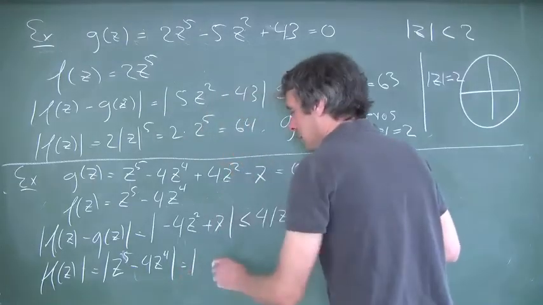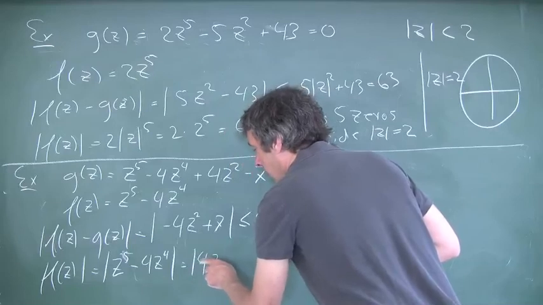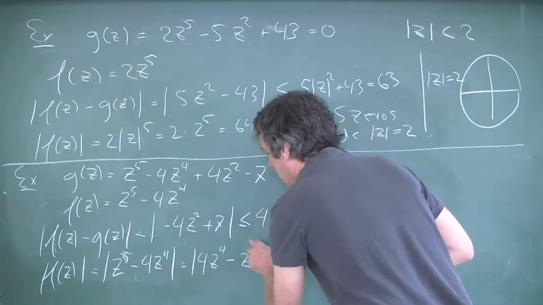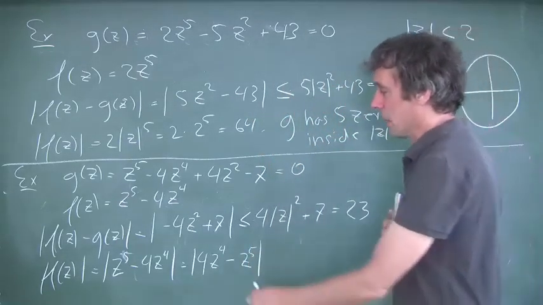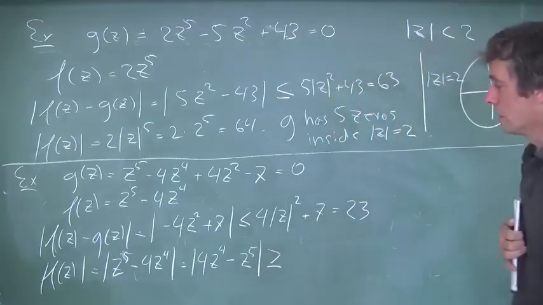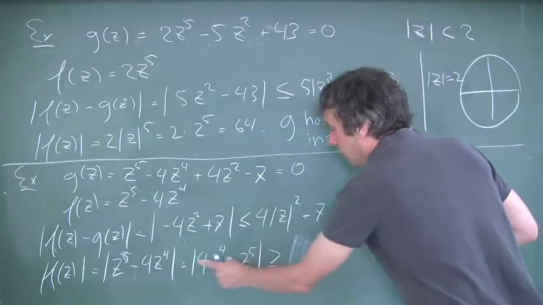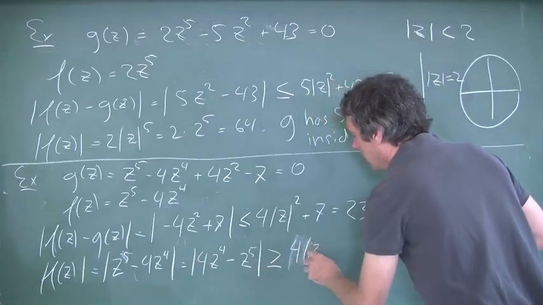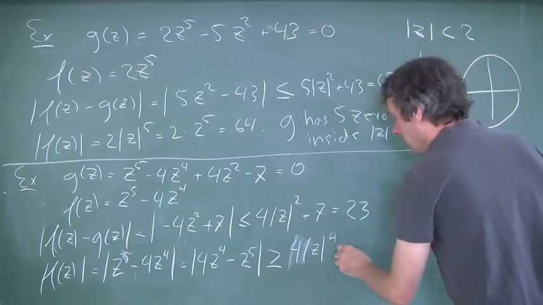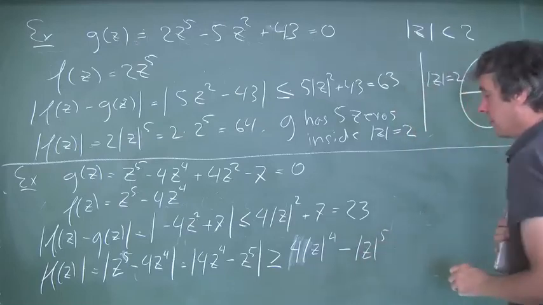So let me just rewrite this as the absolute value of 4 z to the 4th minus z to the 5th. So I just multiply this by minus 1 then. And then we see that this is larger than or equal to the absolute value of this first term, which is 4 times the absolute value of z to the 4th, and then minus the absolute value of z to the 5th here now.